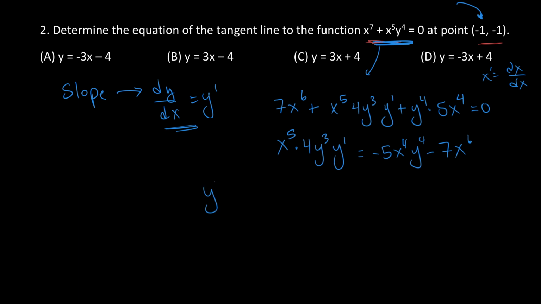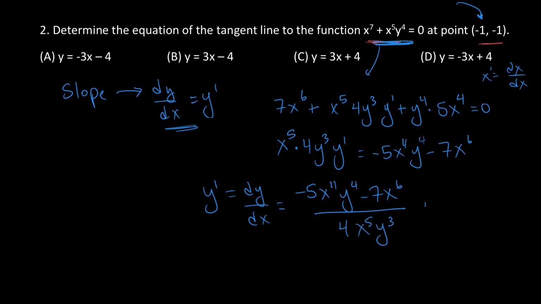So I end up with y prime, which is my dy dx, as being equal to -5x to the 4th, y to the 4th minus 7x to the 6th, all divided by 4, and this will be x to the 5th, y cubed. And now I need to put this at the point -1, -1.